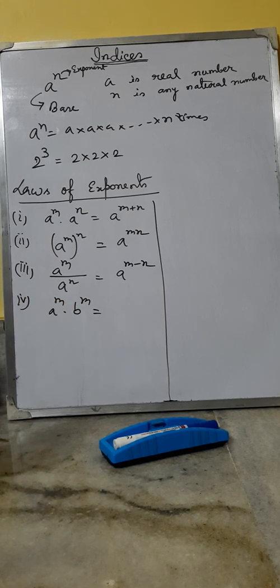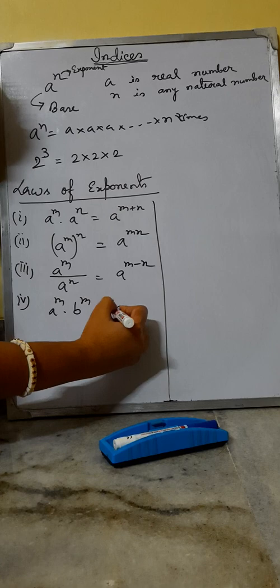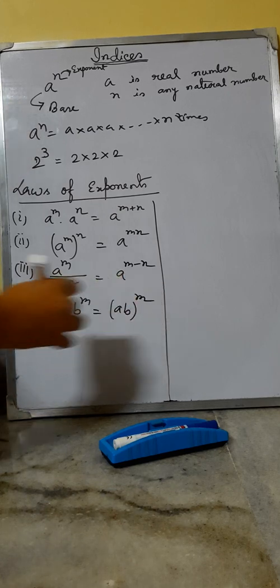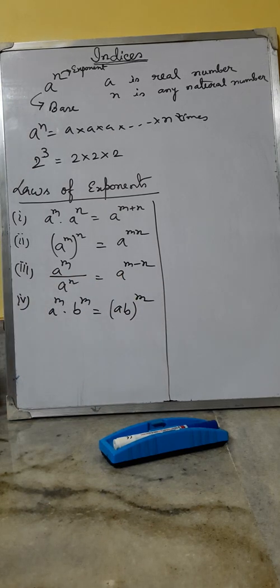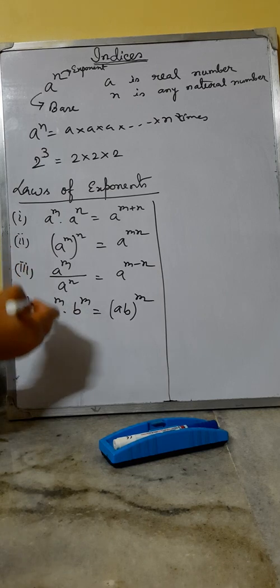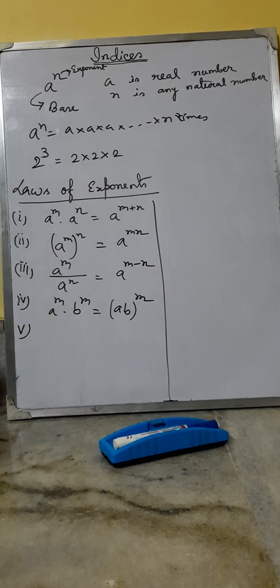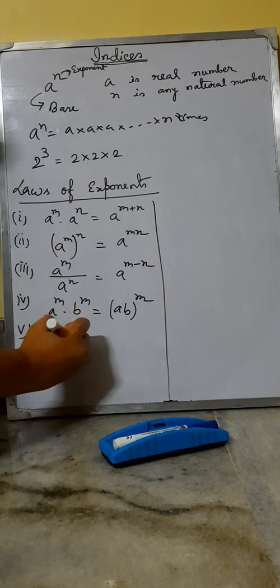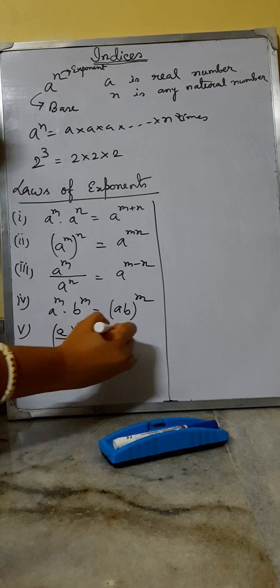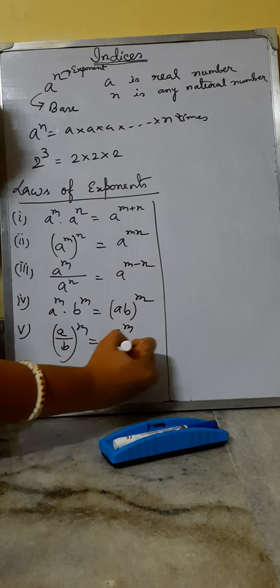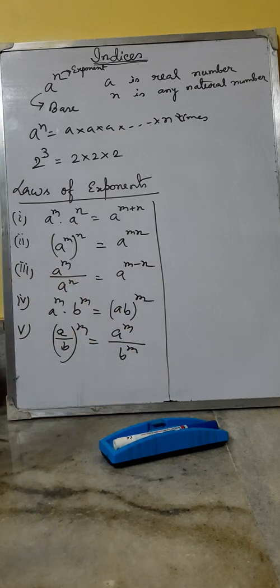So here we can write it like this. Okay. Now fifth law is, if a by b whole to the power m, this means a to the power m and b to the power m.